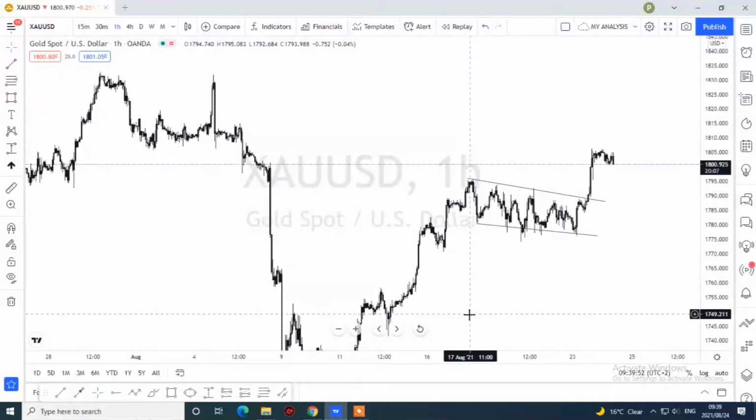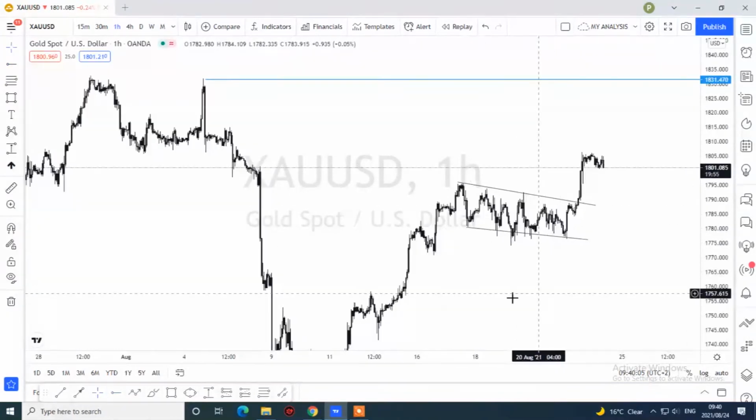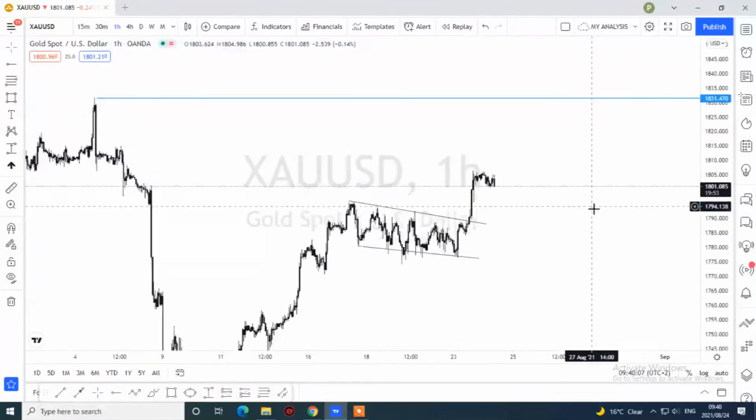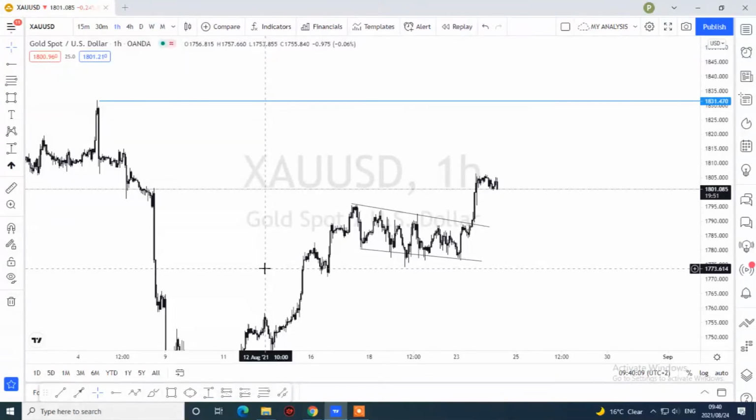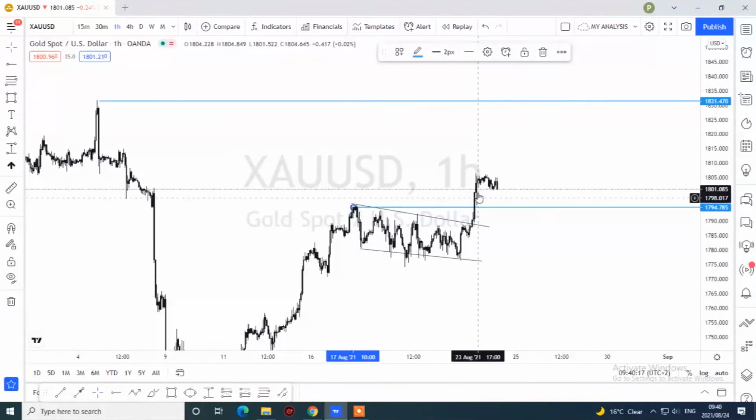So what I'm expecting on this, I think my level was 1830. So I'm expecting the market to come back to this level here, to these highs here, and then to eventually drop, because right now, I think last week I was expecting it to break 1794, which it actually broke.